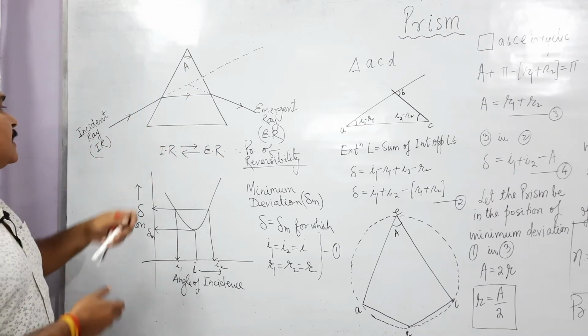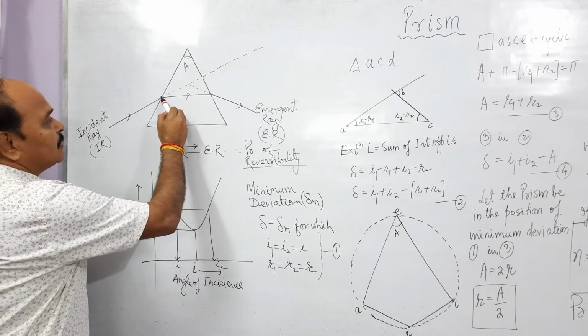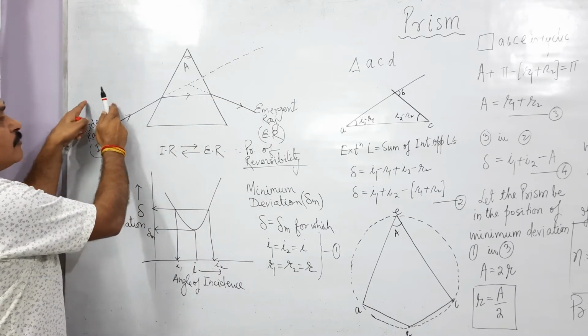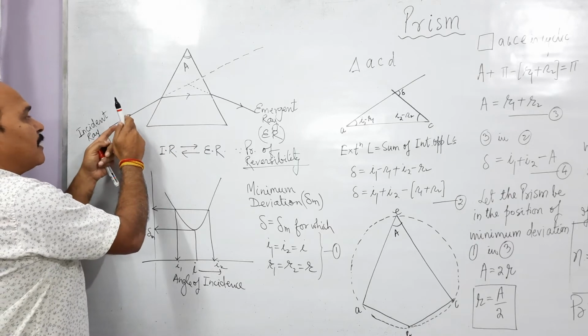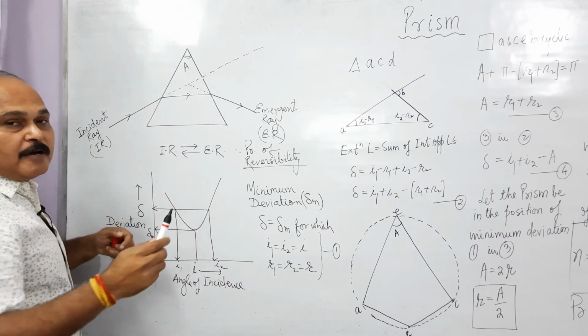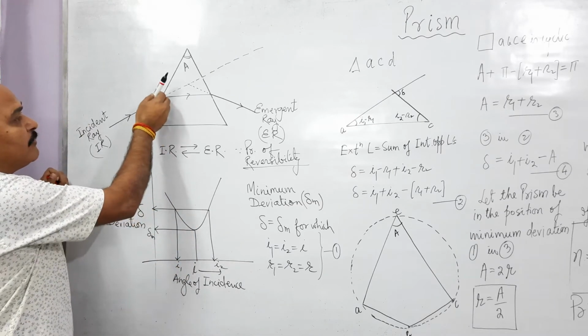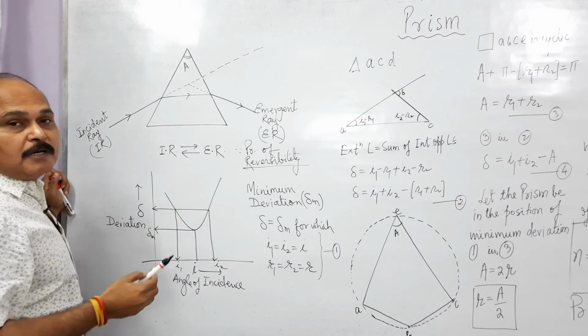If this is the incident ray, what happens? The incident ray, when it falls here, would not travel straight. It is moving from, say, air to glass. It is moving from rarer to denser medium. What will happen? Well, the ray of light will bend towards the normal.